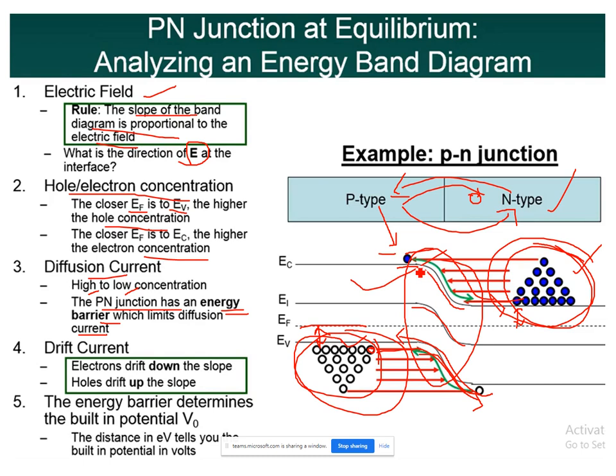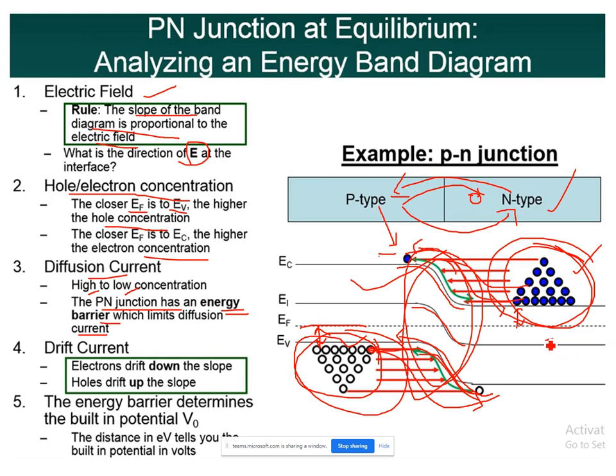The depletion region, why? Because if an electron wants to come from this side to this side, it has to gain some energy. Or if a hole wants to come to this side, this slope is acting like a barrier, right? I'll take an analogy.